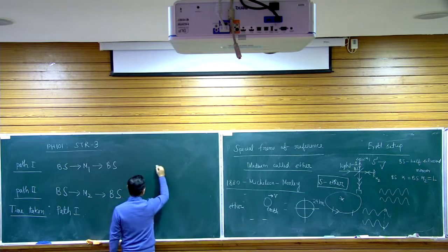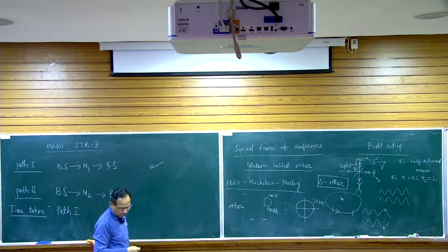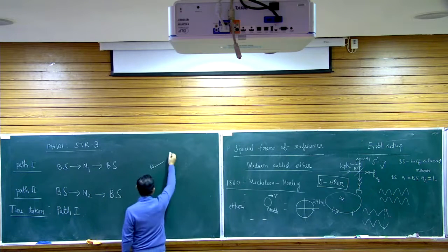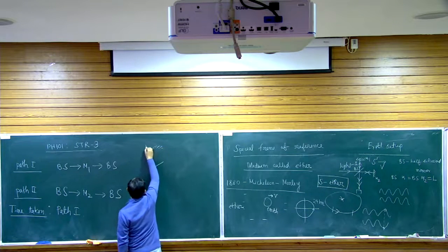So as the light starts from the beam splitter, let us say it will take a certain amount of time, let me call it T1, to reach the position of the mirror M1.